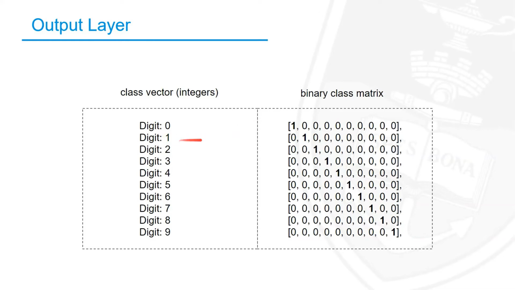If it is a digit 1, the second element would be raised. This doesn't mean it has to be exclusive. Only during training do we keep it exclusive. In testing, you'll notice that multiple output classes will be raised for a specific digit. For example, a 6 might look very similar to an 8. So when the 6 is raised, you might find that the 8 is also raised slightly because it might be one or either of the 2.